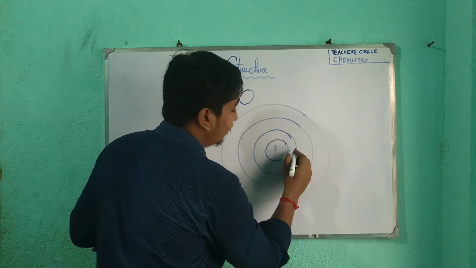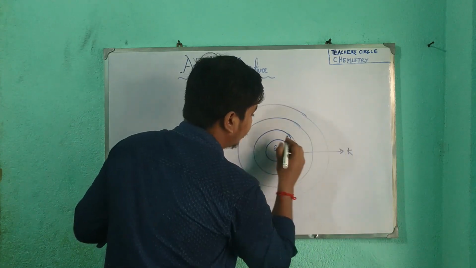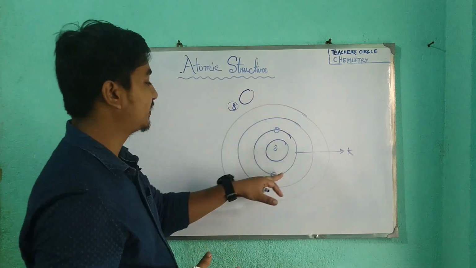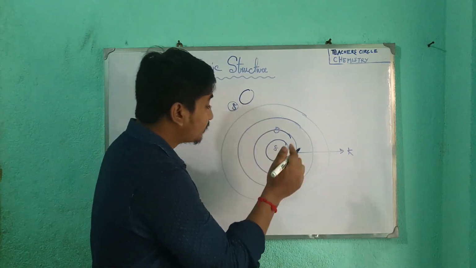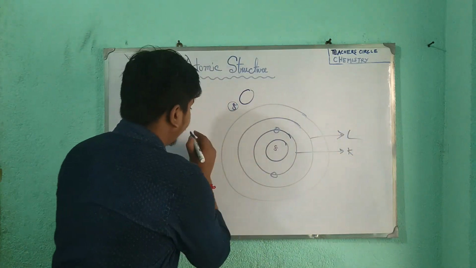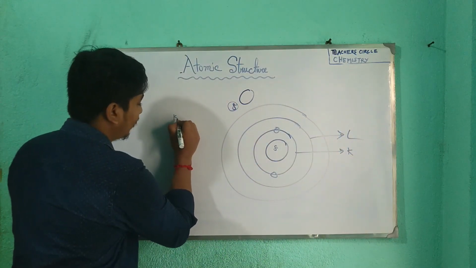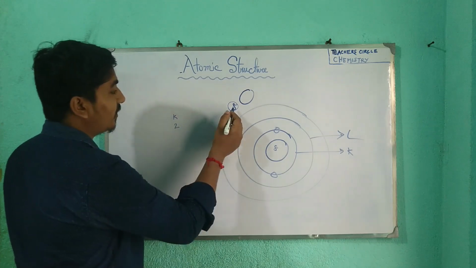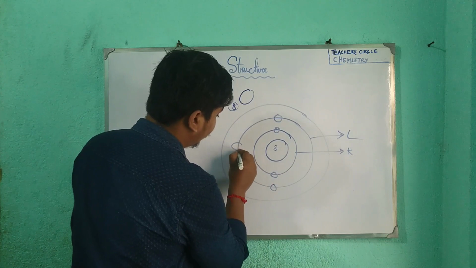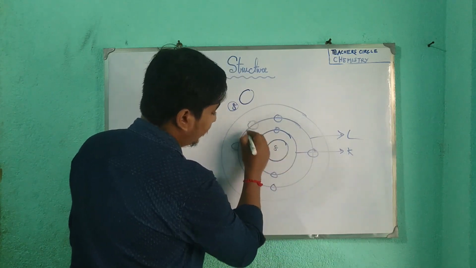For the first cell, the K cell, the maximum number of electrons is 2. No more than that will stay here. After that, in the L cell, what remains? If the K cell is occupied by 2, then the remaining number of electrons will be 6, that is 1, 2, 3, 4, 5, 6.